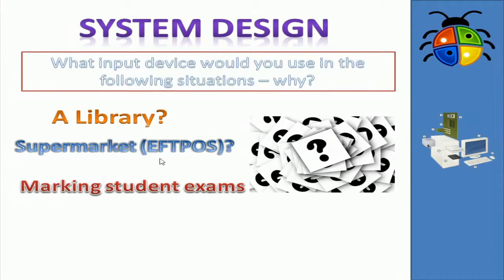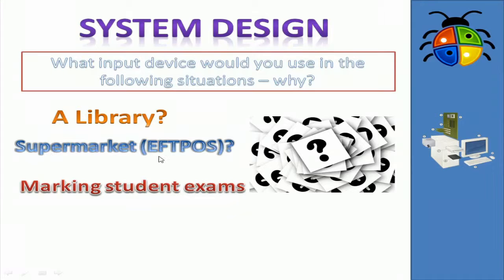If you could write down your answers, it'd be a good idea, or maybe you can discuss with a partner if you are around. So what would you use in a library, both for books and for customers, or do you call them customers in the library? I'm not sure. And for the borrowers in the library.